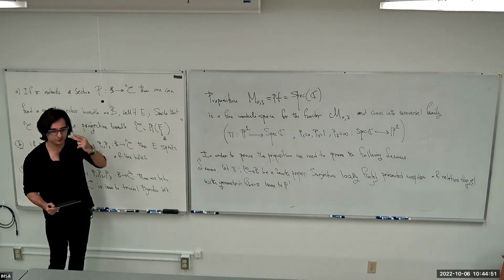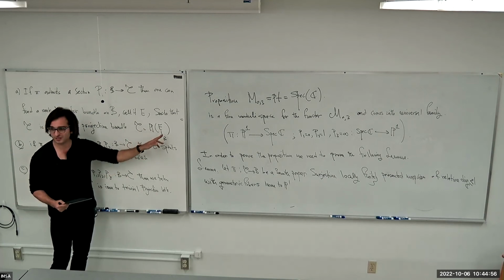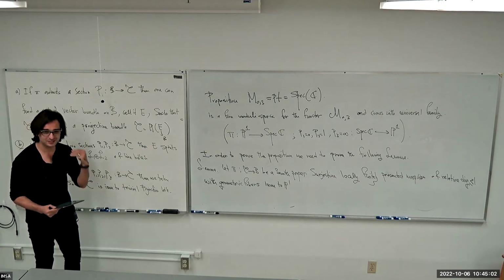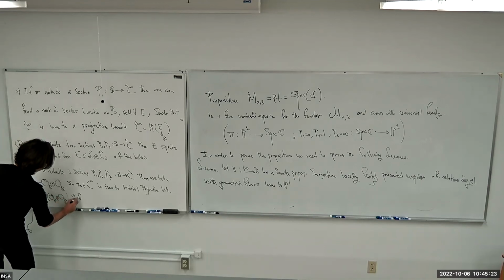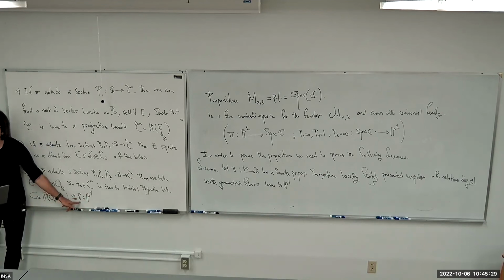If it admits 2 sections, this rank 2 bundle is split, so it's the projectivization of L1 plus L2. But if it admits 3 sections, this split rank 2 bundle is O plus O, and C will be the projectivization of O plus O, which gives you the trivial projective bundle, and that's isomorphic to B times P1. You can see this fact in algebraic geometry books.